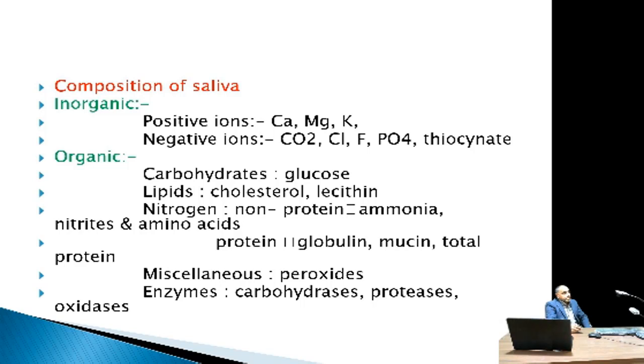Organic: carbohydrate like glucose, lipid, cholesterol, lecithin, nitrogen, nonprotein like ammonia, nitrate, amino acid, protein, globulin, mucin, total protein, miscellaneous, peroxides, enzymes such as carbohydrases, protease, and oxidase. All these components are present within the composition of the saliva.